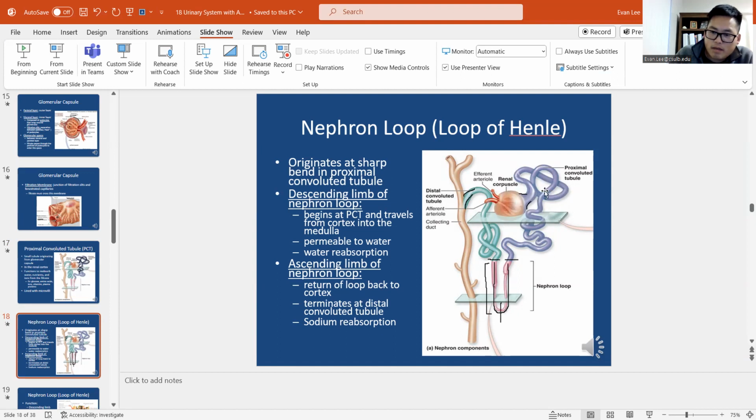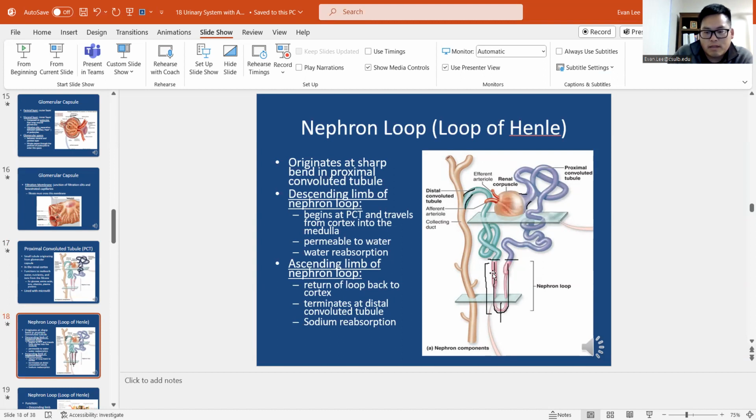That means that this is the proximal convoluted tubule, and that means that this is going to travel this way from the proximal convoluted tubule down the descending limb of loop of Henle, and then this side must be the ascending limb of loop of Henle.